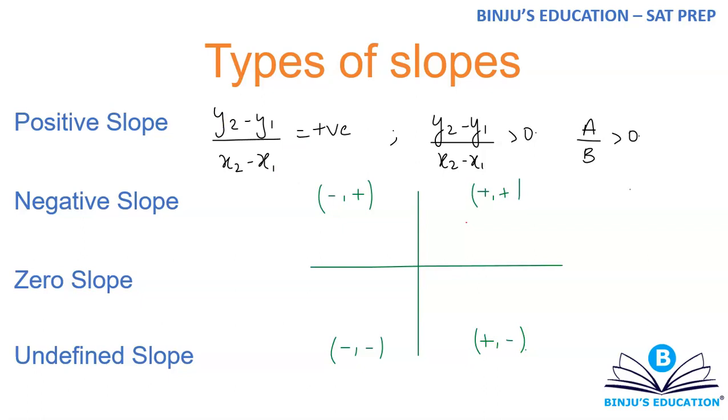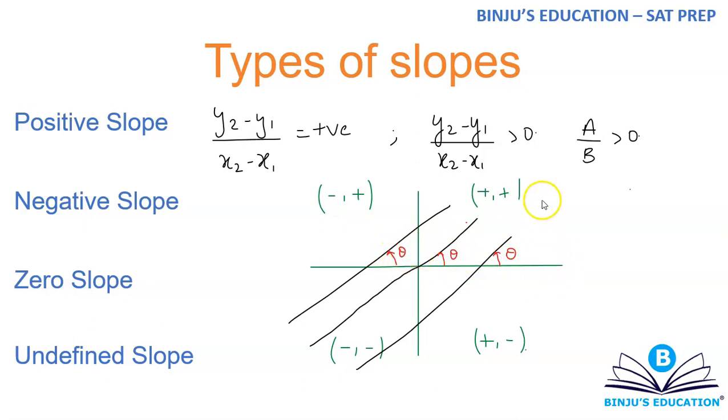So if the slope is positive, then remember that the line will always pass through first and third quadrant. And if you go one step forward, you'll observe for yourself that the angle made by the line with x-axis is always less than 90.